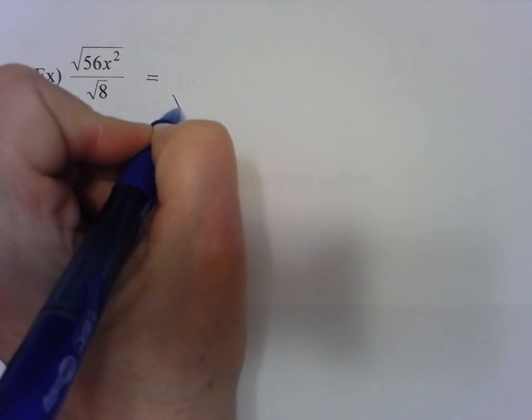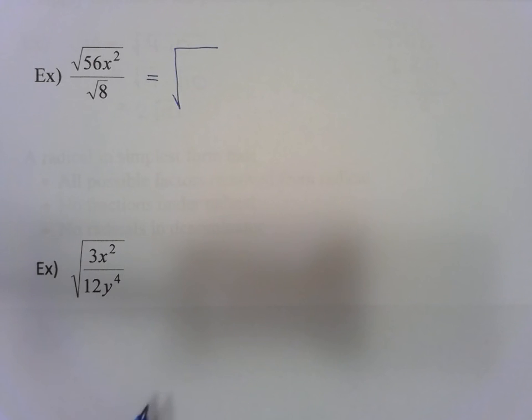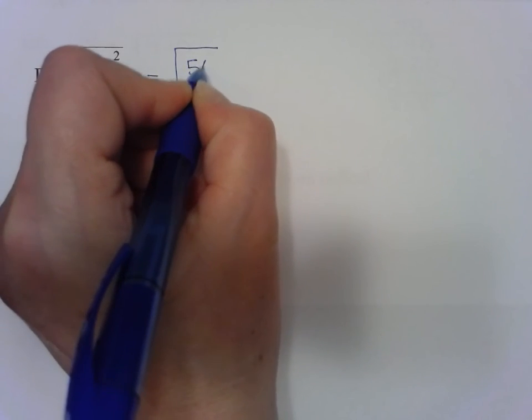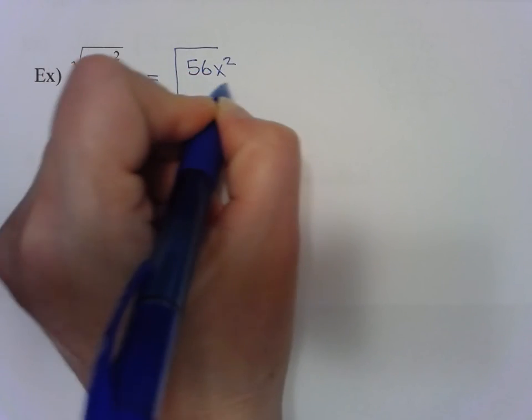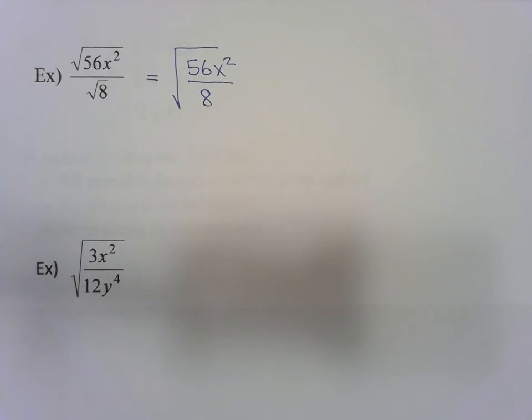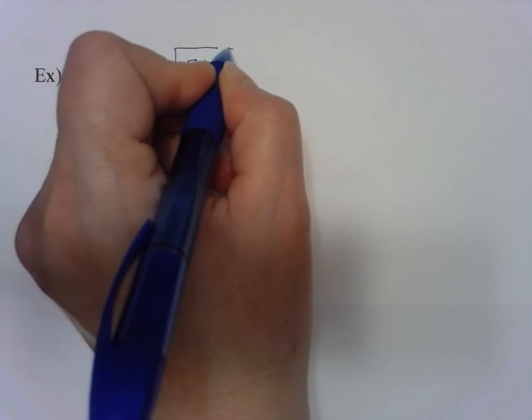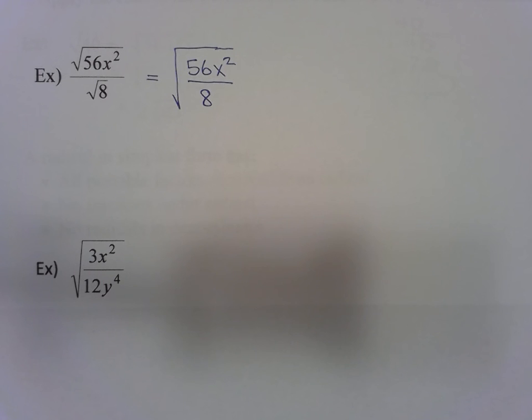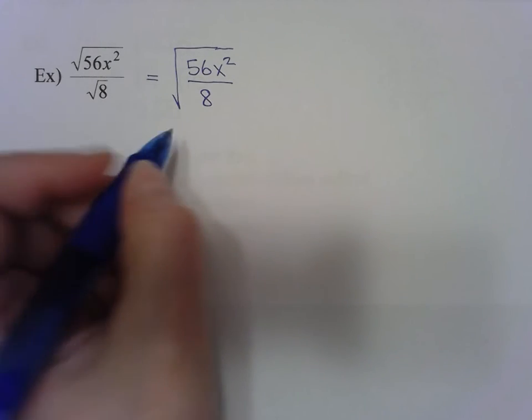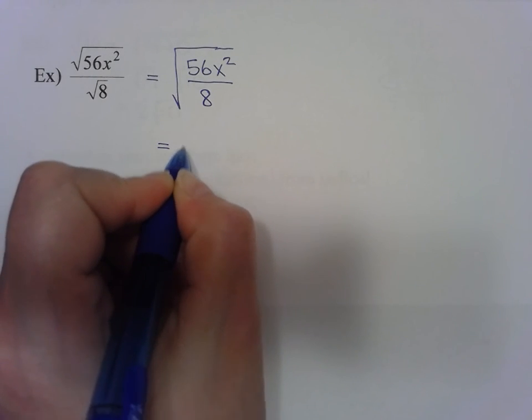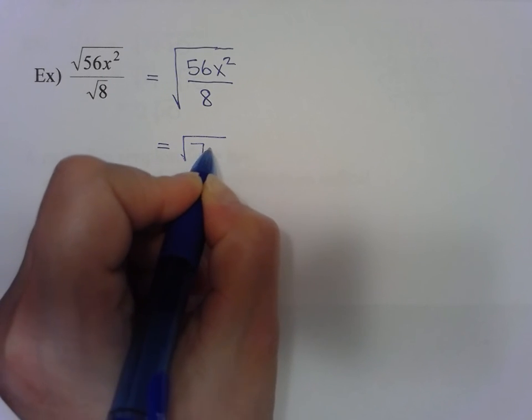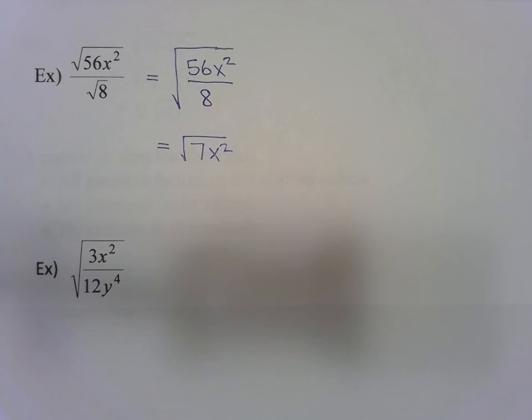If I can combine this into one giant square root, 56x squared over 8. That works to my advantage because 56 is divisible by 8, so that gives me the square root of just 7x squared. 7 is prime.